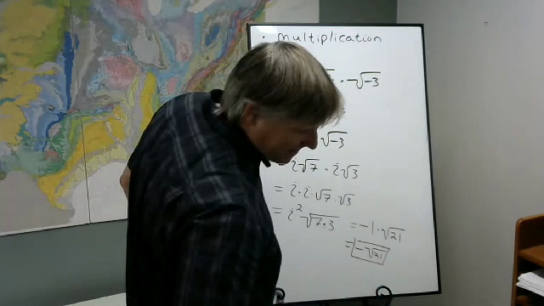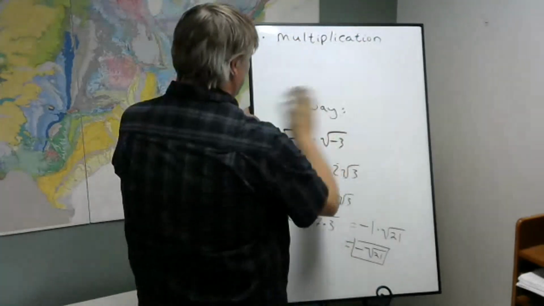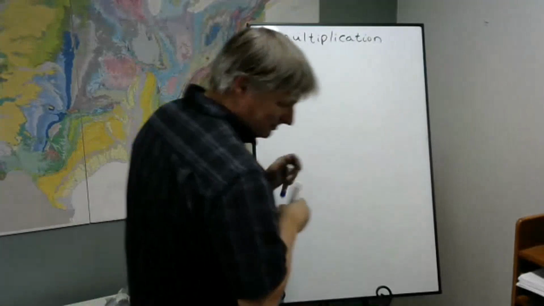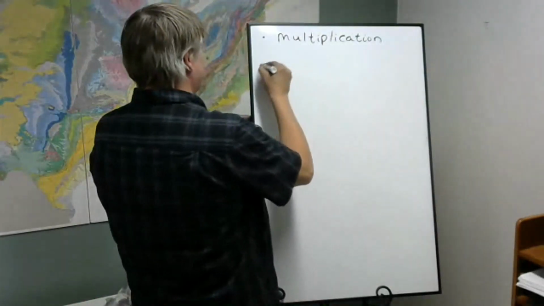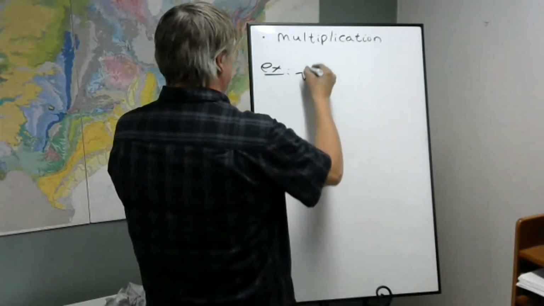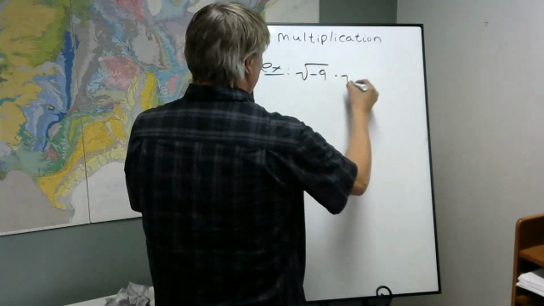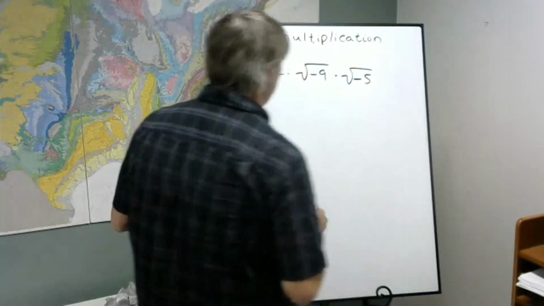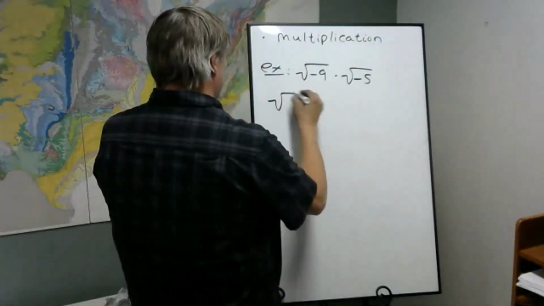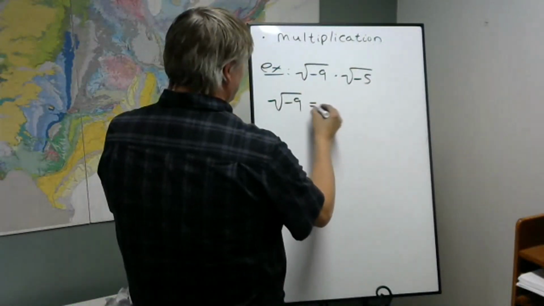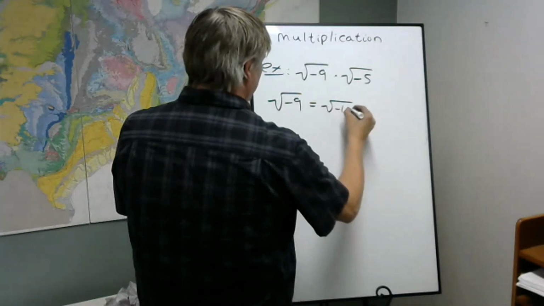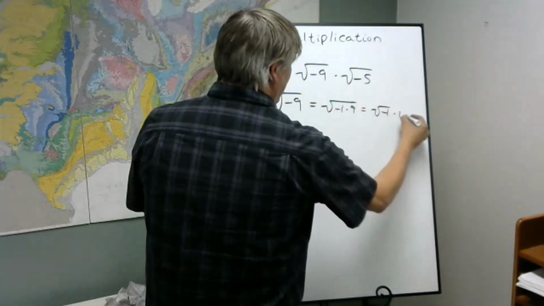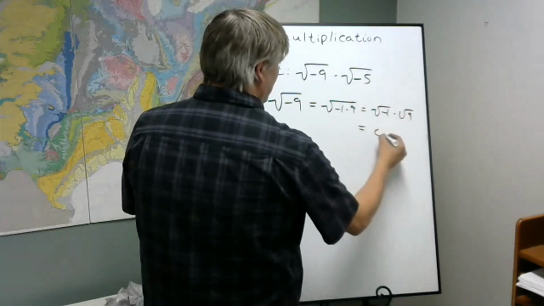So let's say we have this. Now again, square root of -9 is square root of -1 times 9, or square root of -1 times the square root of 9, or i.